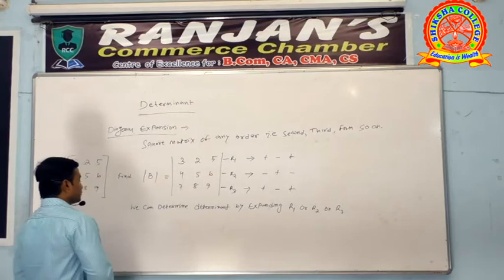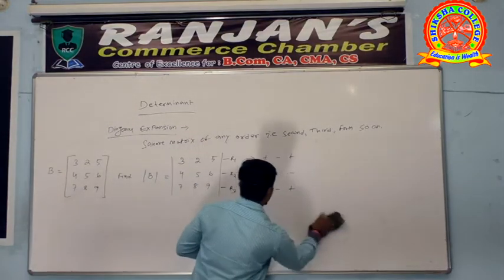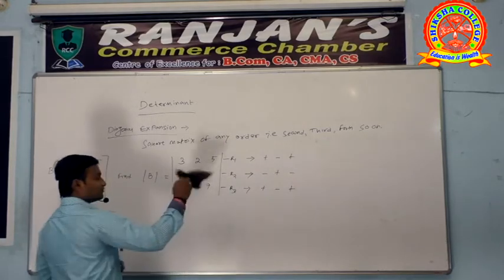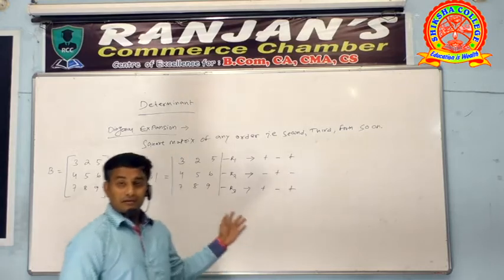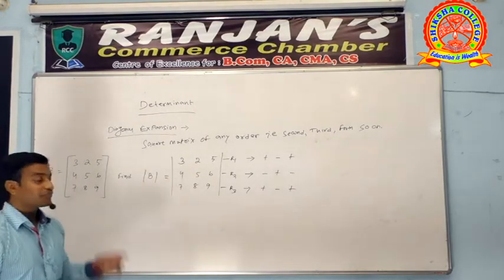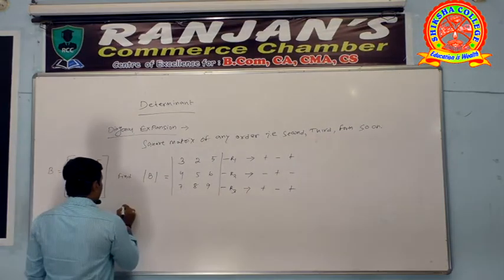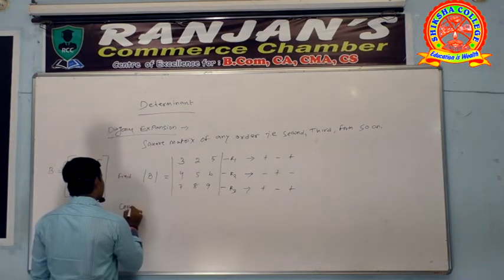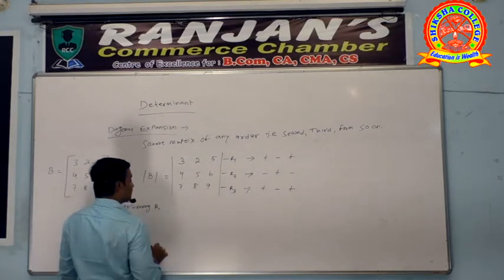Okay, so now let us solve by taking all of the 3 rows. First, let me take row 1.